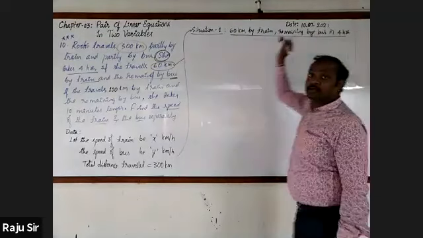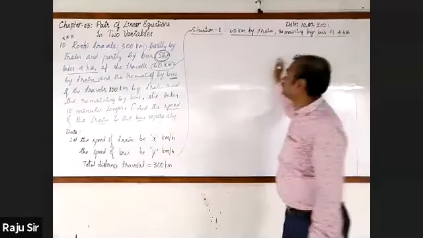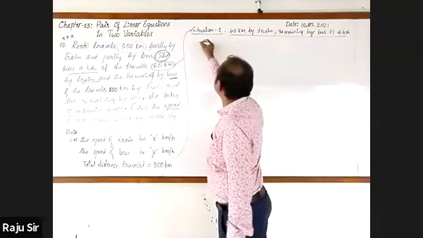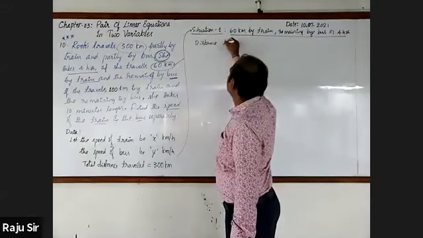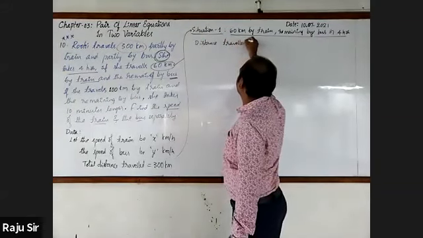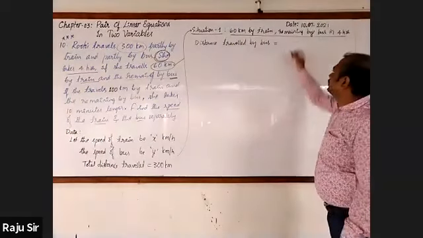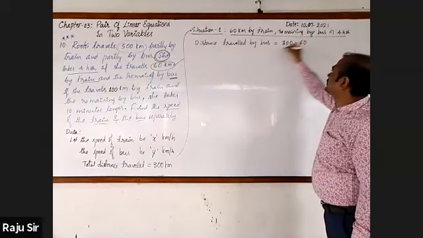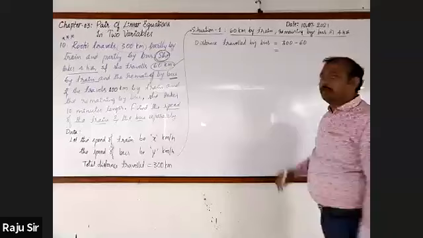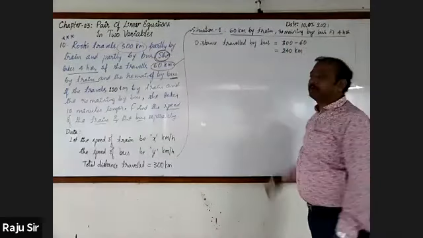But we do not know the distance covered by the bus. That should be found. Distance traveled by bus is equal to, this calculation is a must, 300 kilometers minus 60 kilometers, which is equal to 240 kilometers.